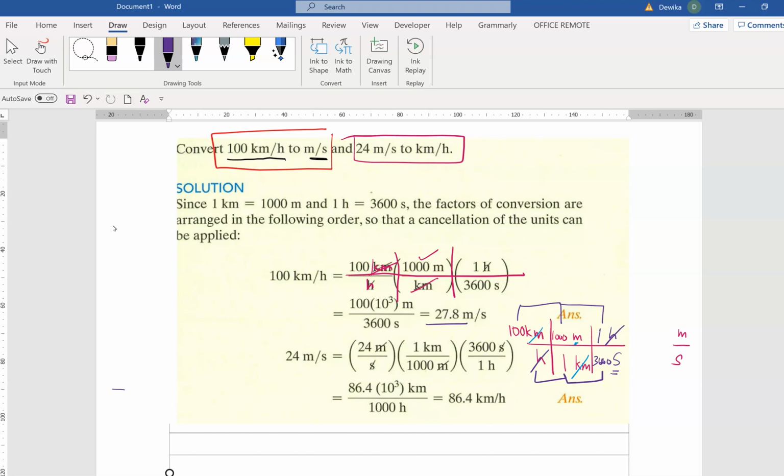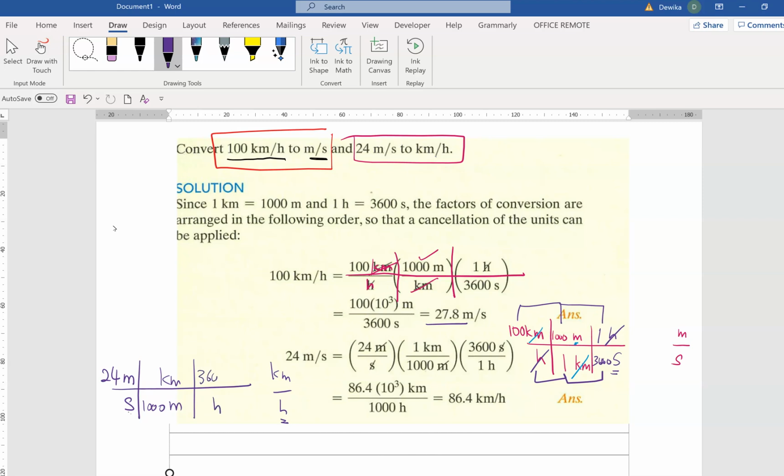Now let's repeat with this. We have 24 meter per second. What's the final answer that you want? The question says you want it in kilometer per hour. You need kilometer, right? So you need to cancel the meter. So we have 1000 meters, which is equivalent to 1 kilometer. And then next you want hour at the bottom, so you need to cancel the second.